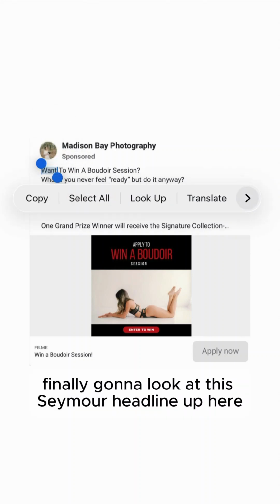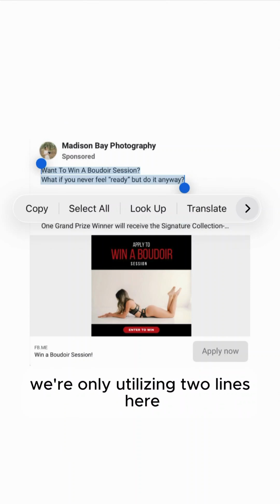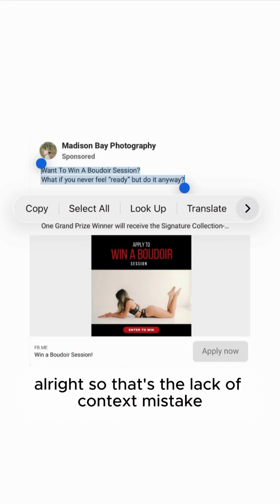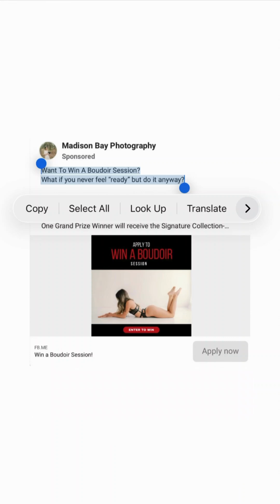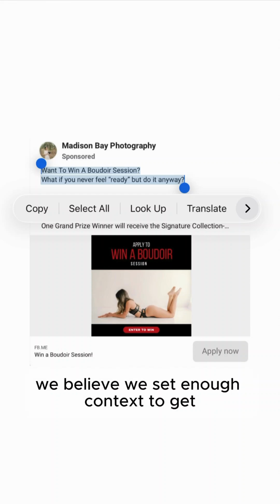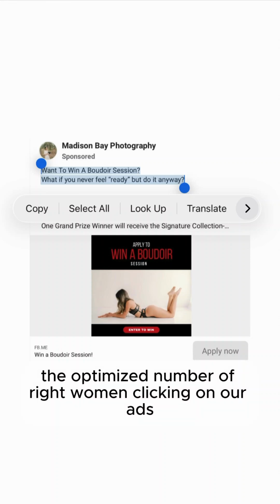Finally, we're going to look at this headline up here. First 2 3/4 lines, Facebook newsfeed mobile. We're only utilizing 2 lines here. Want to win a Boudoir session? What if you never feel ready but do it anyway? All right, so it's the lack of context mistake. The false belief that caused us to make this mistake is we believe we set enough context to get the optimized number of right women clicking on our ads.